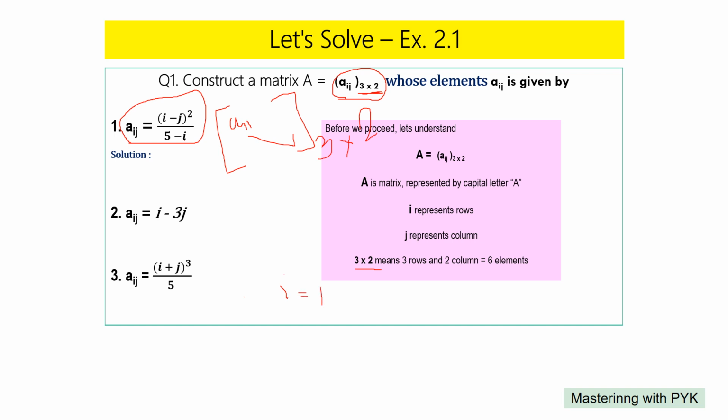So this is our rows. And we have 2 columns, so j would change from 1 to 2. So we'll have a matrix which will have 3 rows and 2 columns. So number of elements in the matrix would be 6.